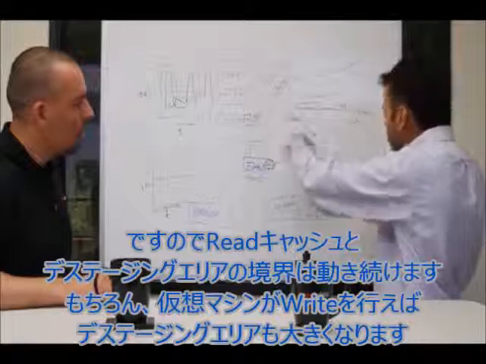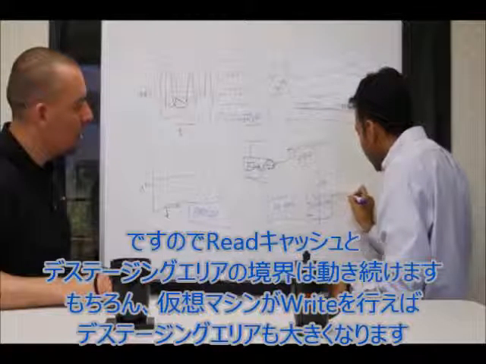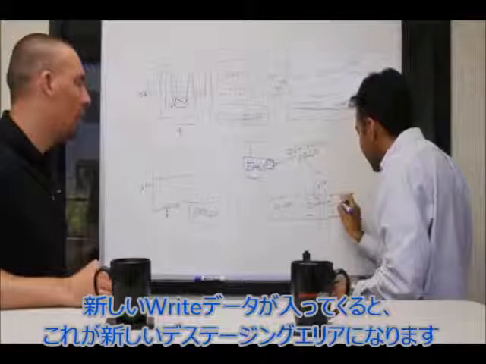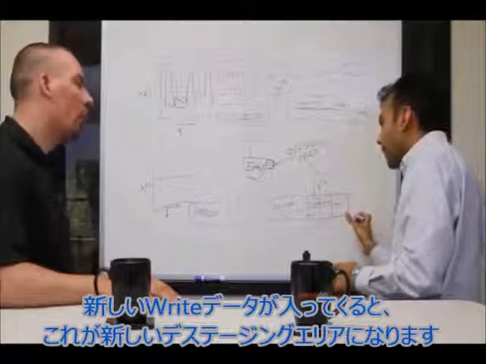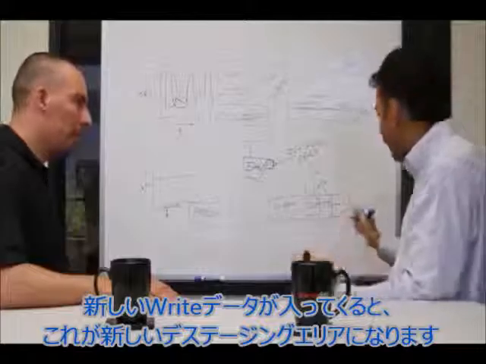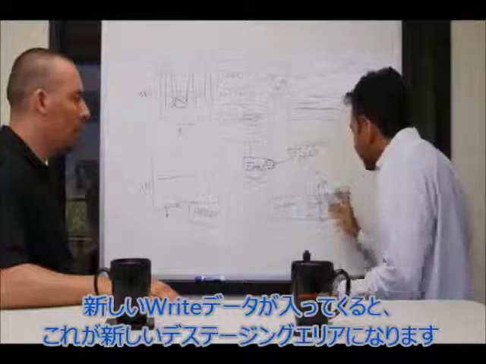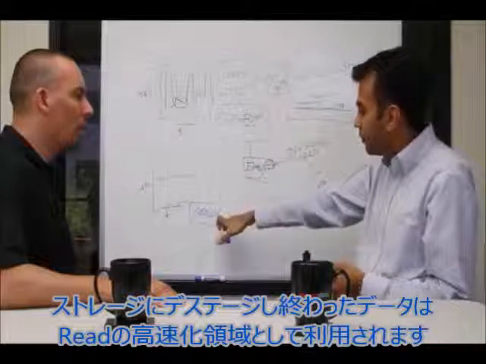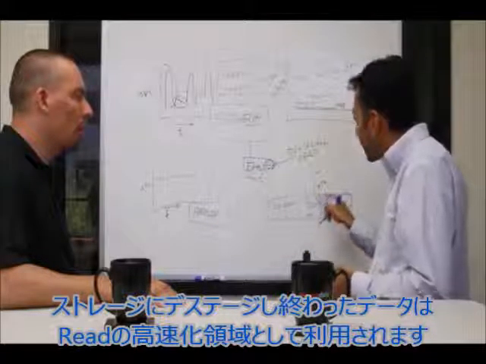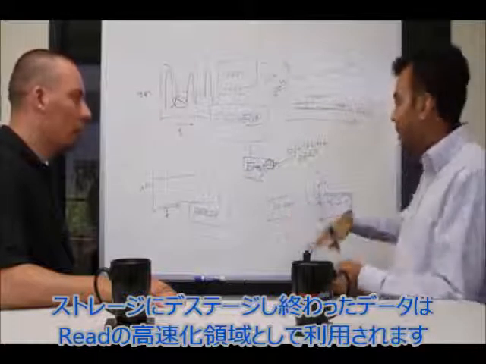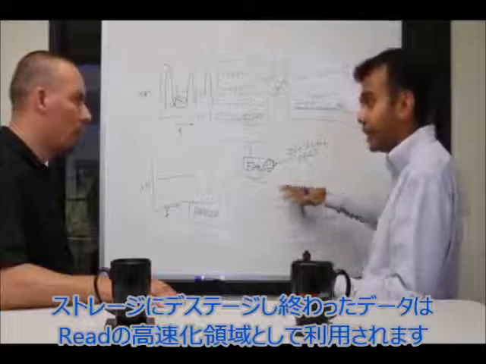At the same time, the virtual machine might be doing more writes, and so this boundary is constantly moving too. And so new writes are coming into the destaging area, and that makes the new destaging area. And then the old writes, which have already made it to SAN, are now getting into the immutable area that we can use as the read acceleration part.